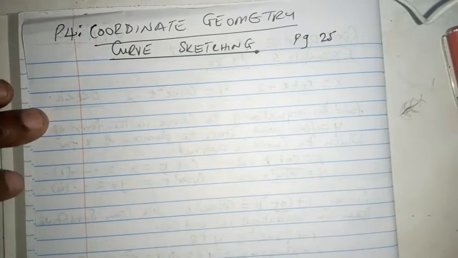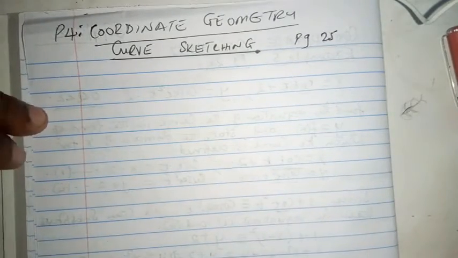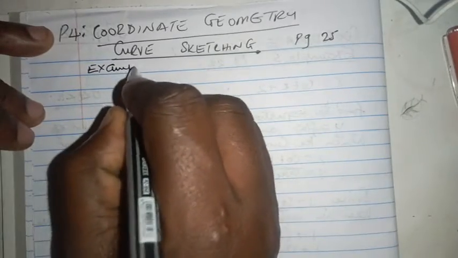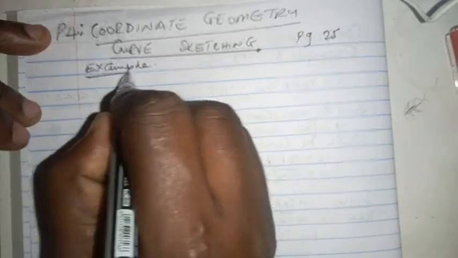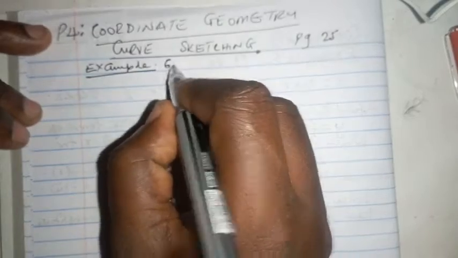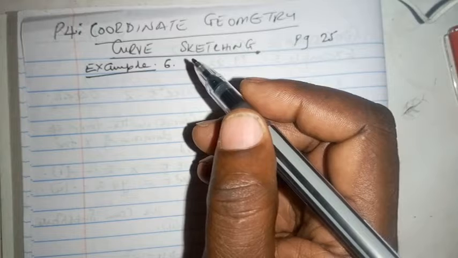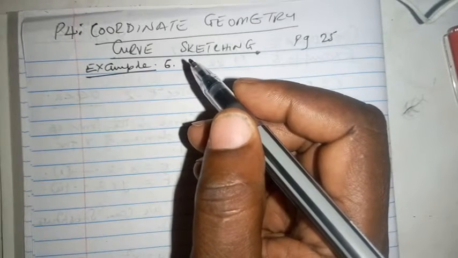Sketching curves is not a new topic, but I know this one is a different one because it does not directly involve x and y as we know it. It has parametric variables.